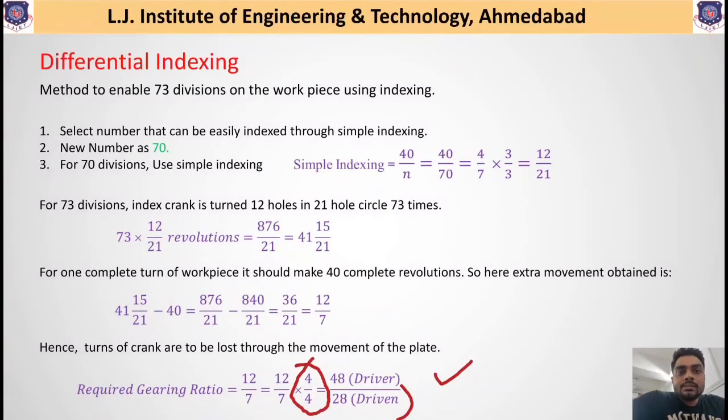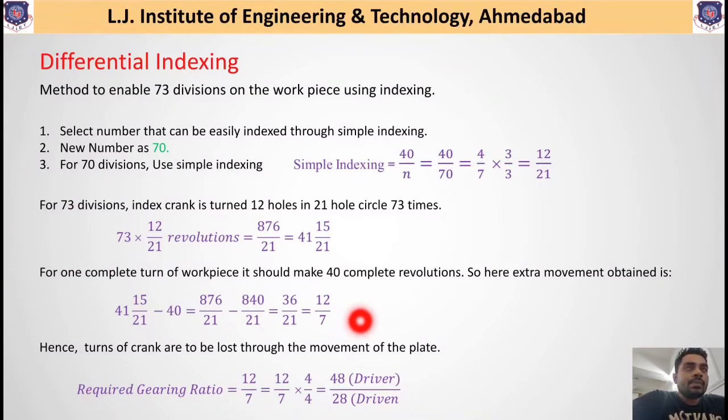So this is the method to obtain the gearing ratio that is required in the case of differential indexing also, and the arrangement that is required to obtain 73 divisions on the workpiece using this indexing method. So if we just summarize, in this case, first of all, to obtain this 73 number of divisions, the rotation given to the crank pin is 12 divided by 7.